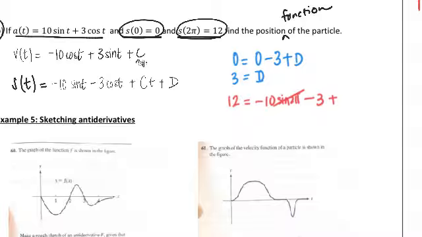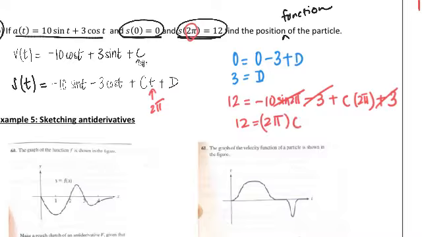Oh no, we didn't find c yet, so it's 2 pi c, or c times 2 pi, right? And it's the d, which is already known to be 3. Okay, so these two are going to cancel, and so then I have 12 is equal to 2 pi times c, so c is equal to 12 divided by 2 pi, or 6 divided by pi.